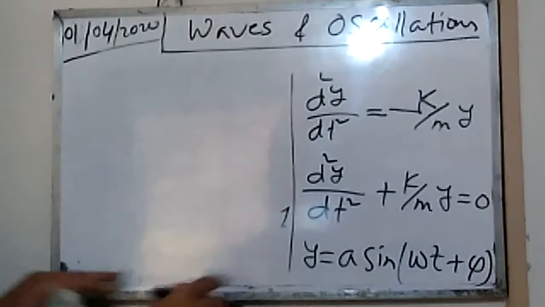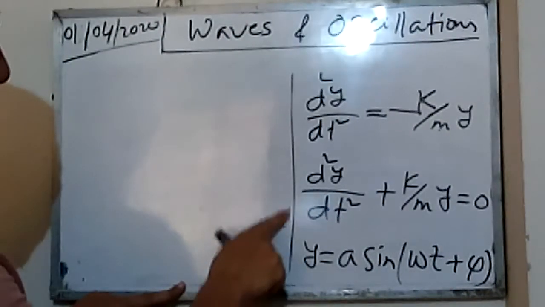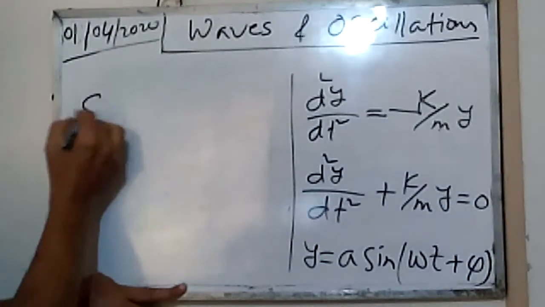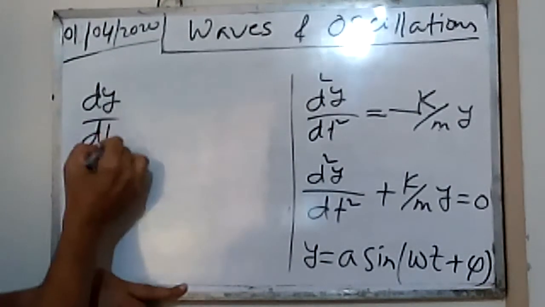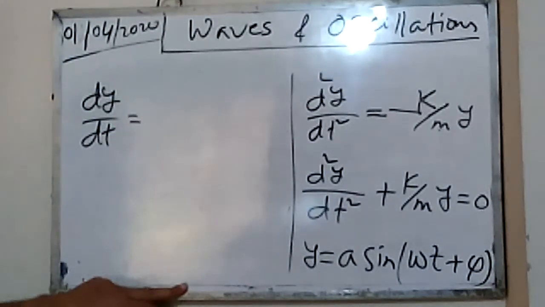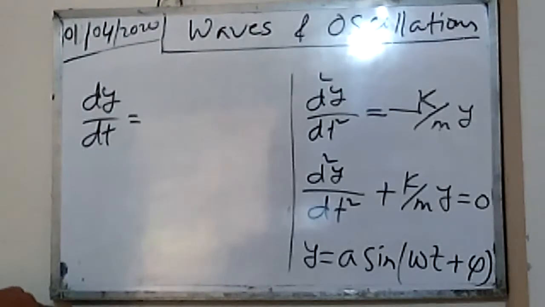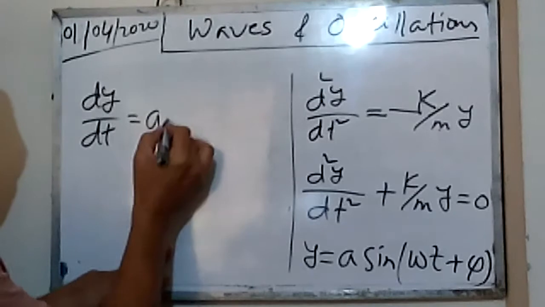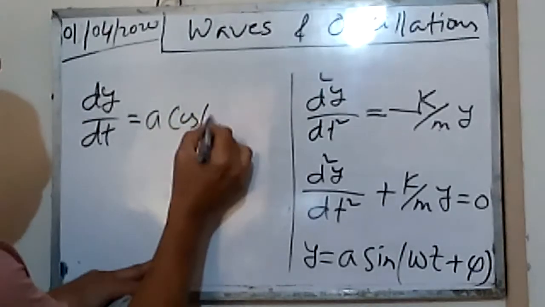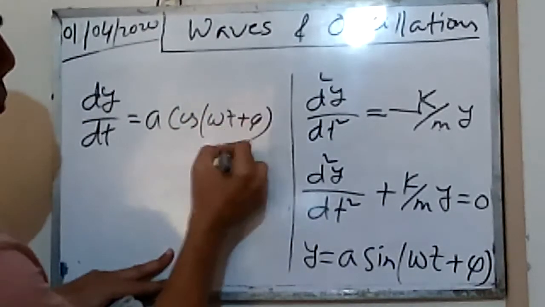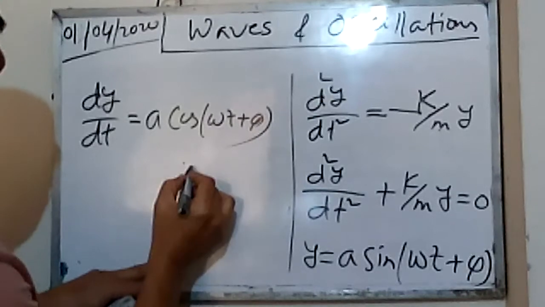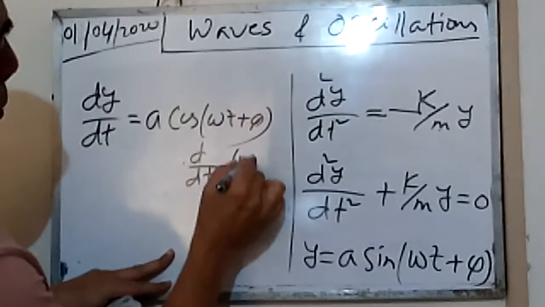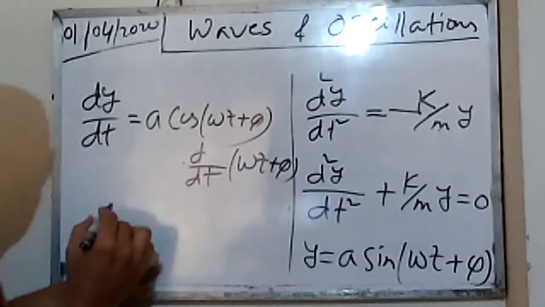Now we differentiate this equation. dy by dt equal to a cos omega t plus phi, and again d by dt of omega t plus phi.